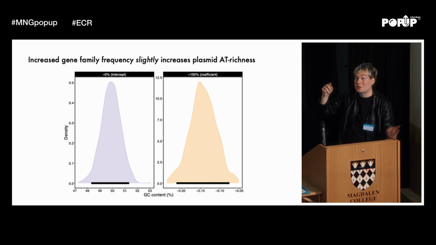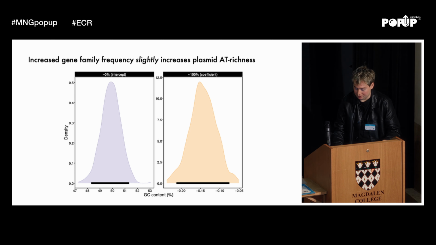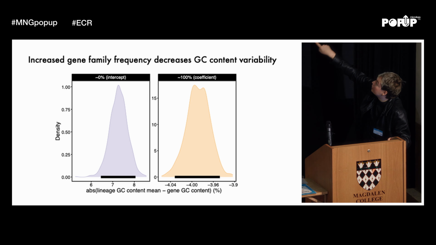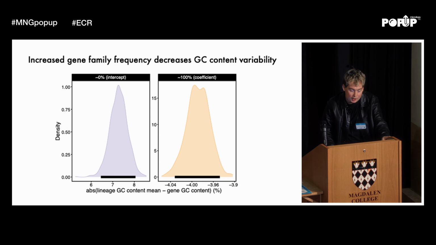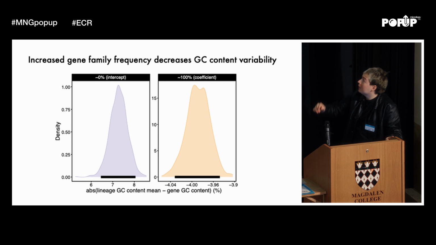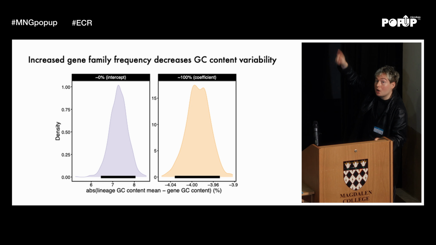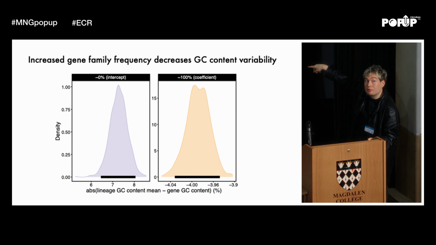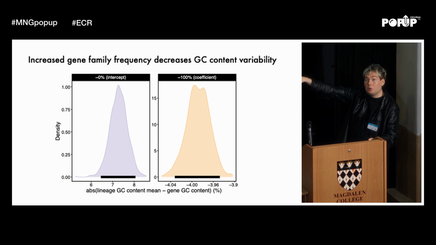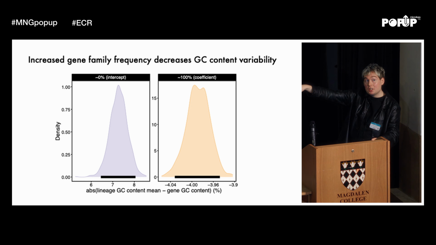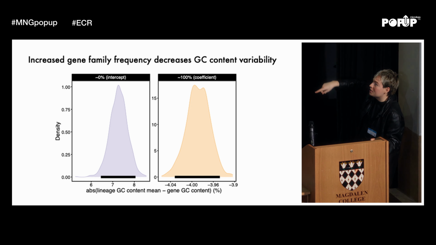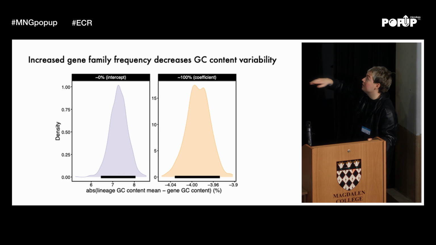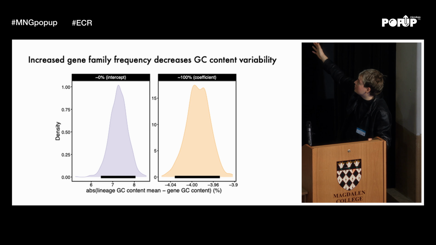I think what's more interesting is the shape of that distribution, right? That funnel shape you notice as they increase in frequency. And the way we characterized that was by looking at the variance away from that lineage average. So for every gene in our population, we average the GC content, right? And what we wanted to understand was how the distance from that point varies as the genes increase in frequency.